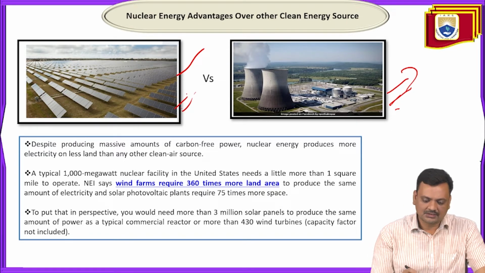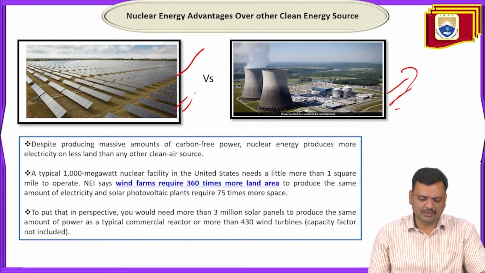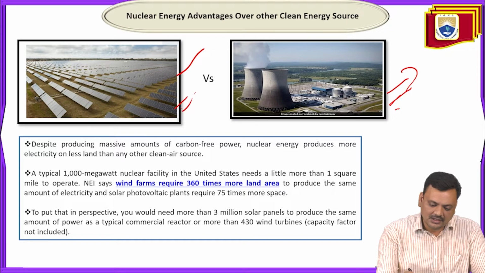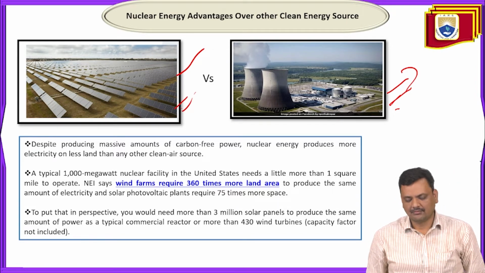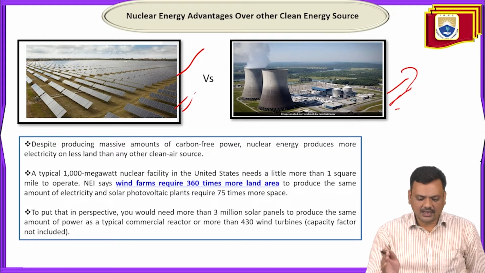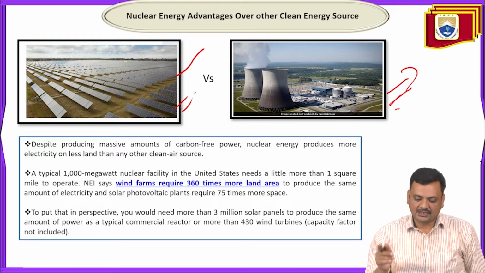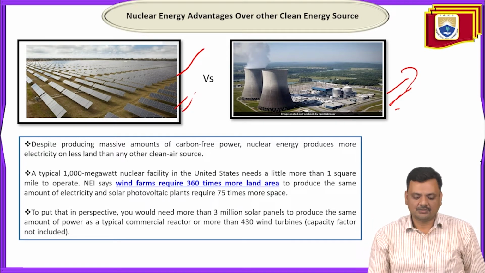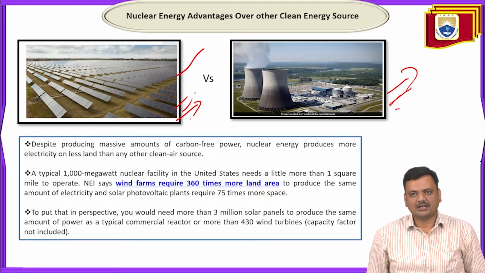And the second one is, here you plant these solar panels. The industry where these panels are made is another one. So a lot of transportation is involved, and the industry where all these panels are made also requires some land.